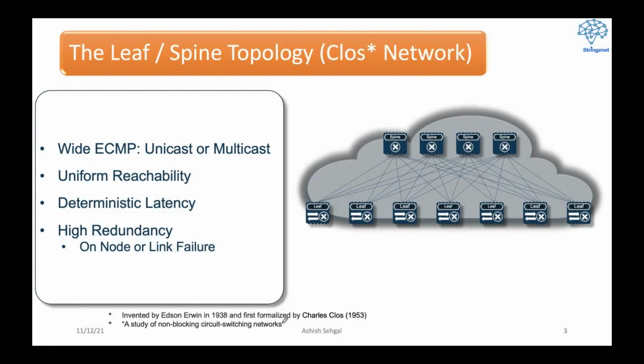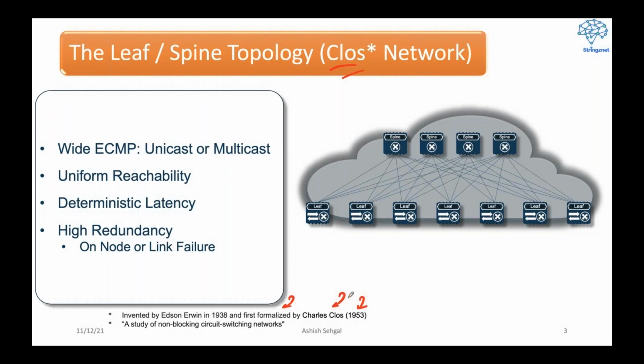First of all, let us understand the topology VXLAN is based on. VXLAN is based on a network topology known as Clos network topology. This is after the name of a gentleman, Charles Clos, who formalized this technology in the year 1953.